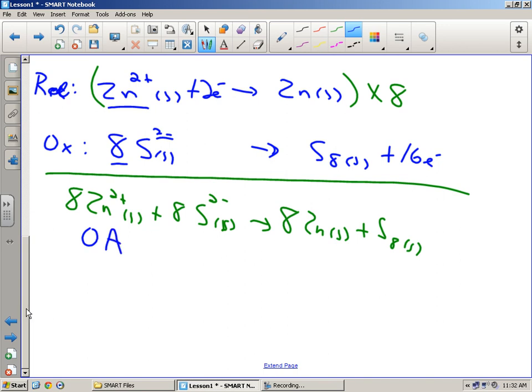And sulfide is being oxidized, so it is your reducing agent. And they always have to go together like that because, of course, electrons that you lost equals electrons that you gained. Yes? So that's your OA and your RA. And that's super duper important. Okay? All right.